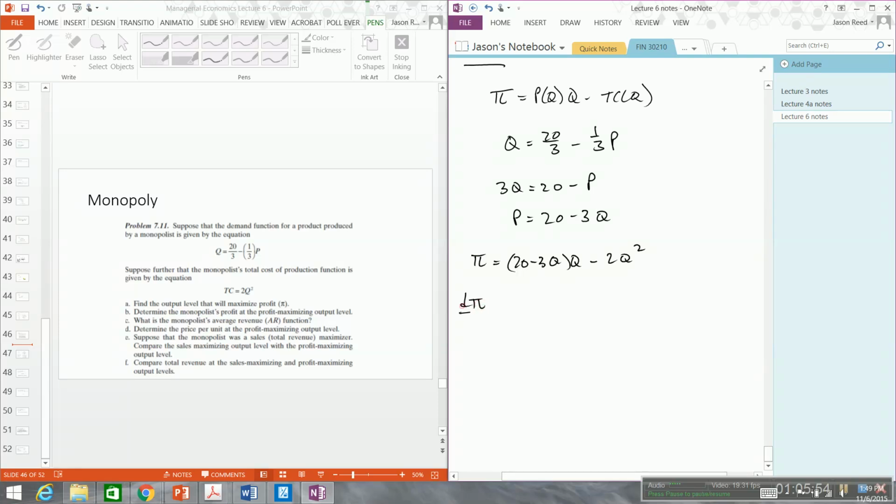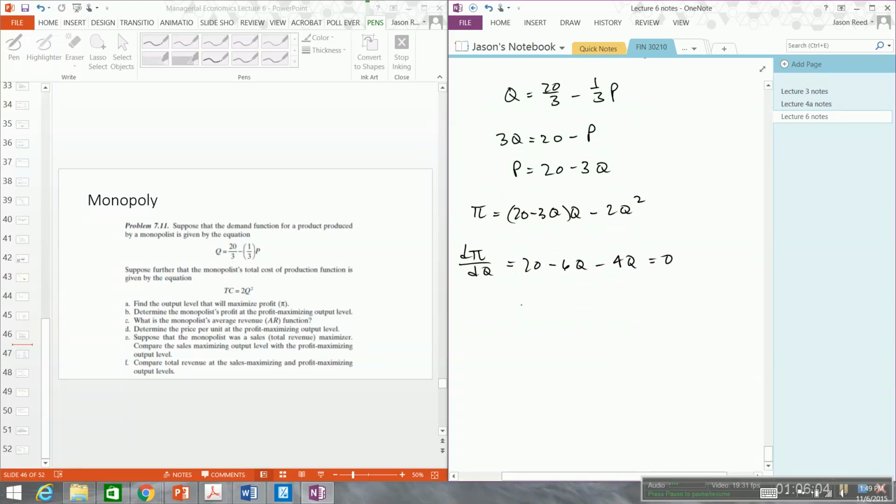So let's take our first derivative with respect to Q. So we have 20 minus 6Q minus 4Q is equal to 0. So that we have 20 is equal to 10Q, so that 2 is equal to Q. So that is our profit maximizing level of output.